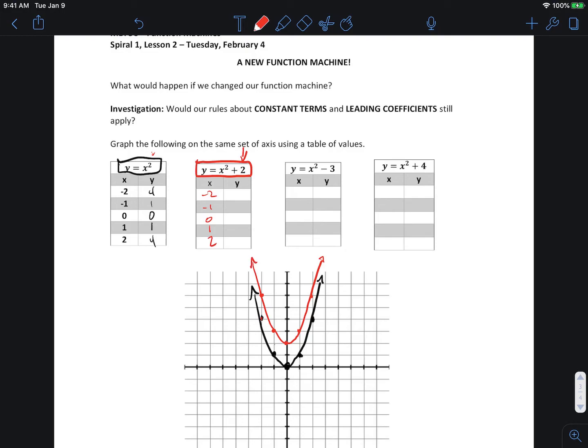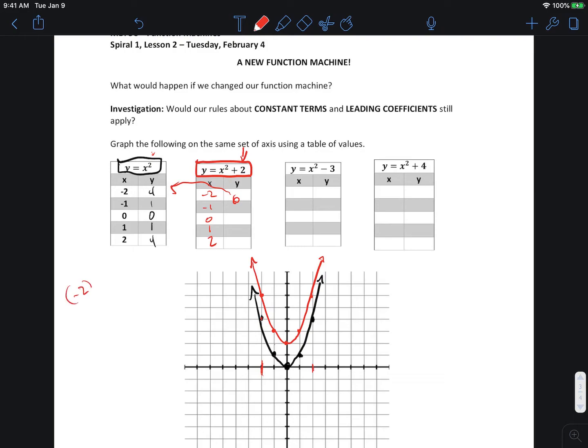So if I ask you, okay, what's the value of the red graph when x equals 2? Or let's start at -2 because that's where the table's starting. What's the value of the graph? 6, right? How does that compare to this one? It's 2 bigger, right? So that confirms that I moved it up, right? What would happen if I plugged in -2 into there?